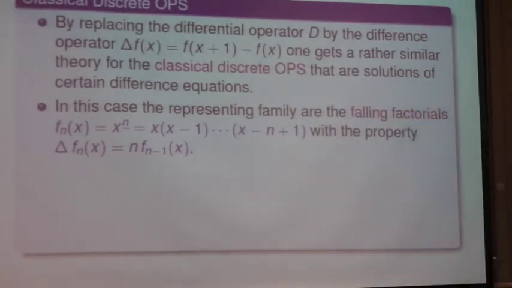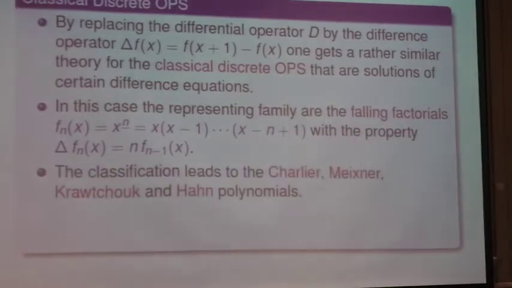So again, we have a very, very similar structure to before. And if you use this, you get a similar theory. You get, of course, a Pearson difference equation, etc., etc. You can do all the proofs that we had done before, again, in the same manner. And what you get is the following families of polynomials.